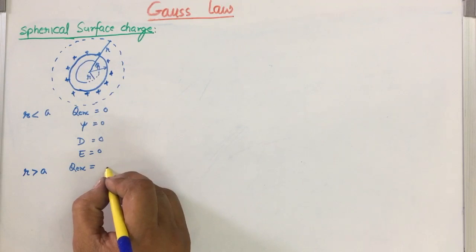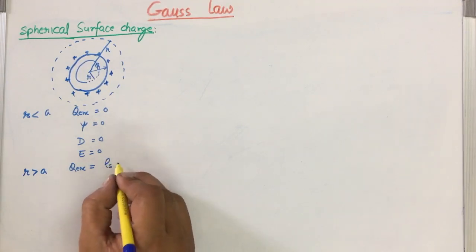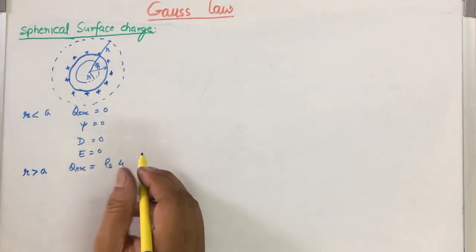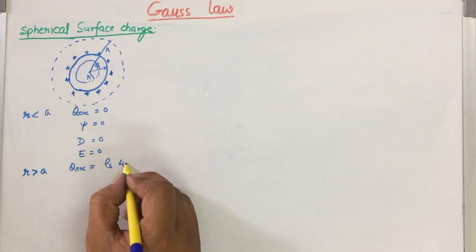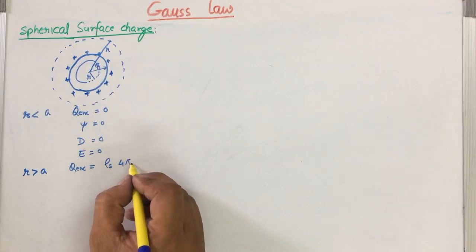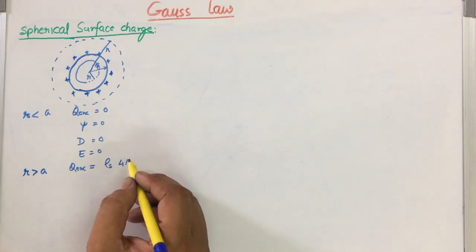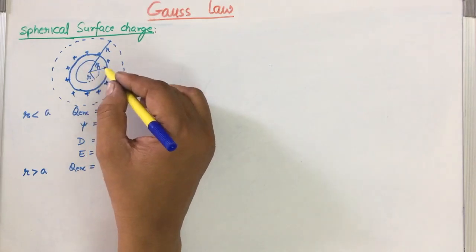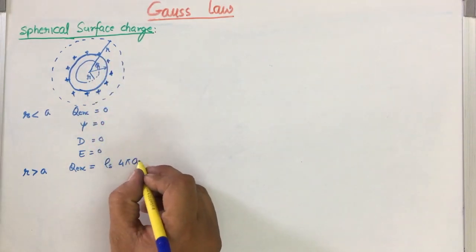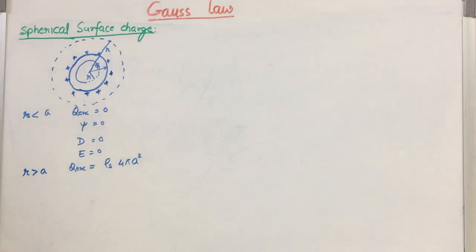The surface charge density is rho s. The surface area of the spherical body is 4 pi r square; however, the charge enclosed by the surface of radius a, so we will consider 4 pi a square.